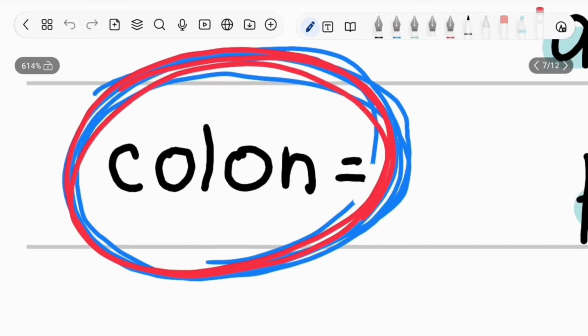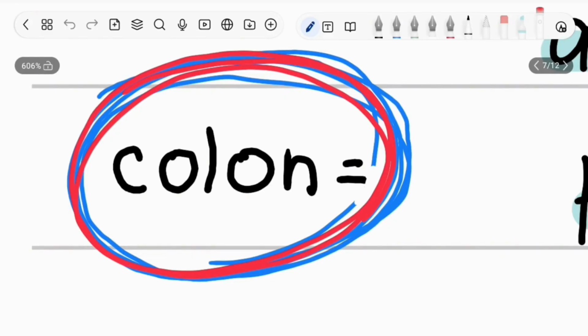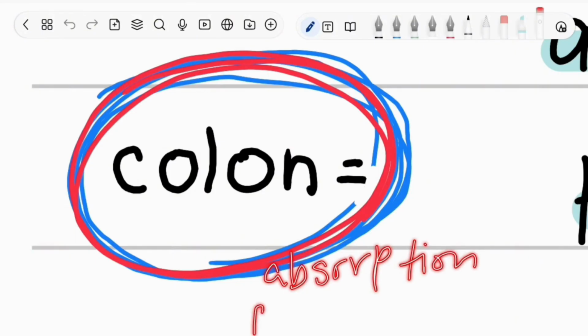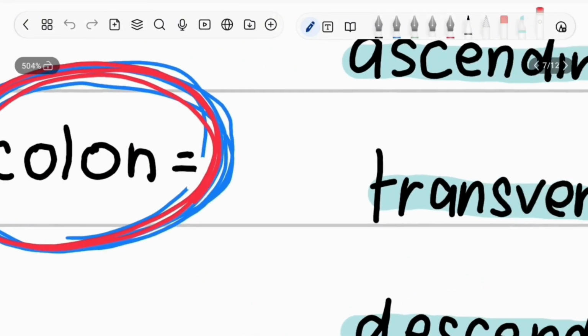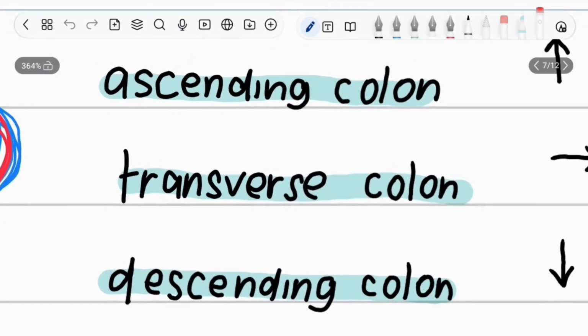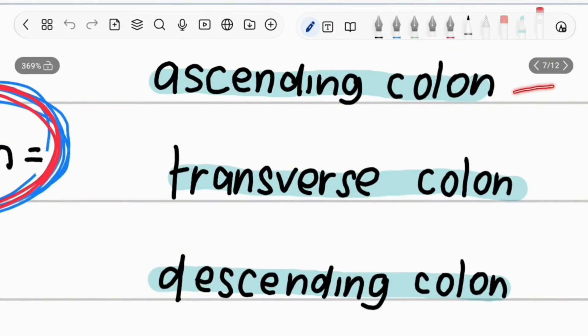The colon is part of the large intestine that is located in the abdominal cavity, and it plays a major role in water absorption and feces formation. Basically, the colon has three parts: the ascending colon, transverse colon, and descending colon.